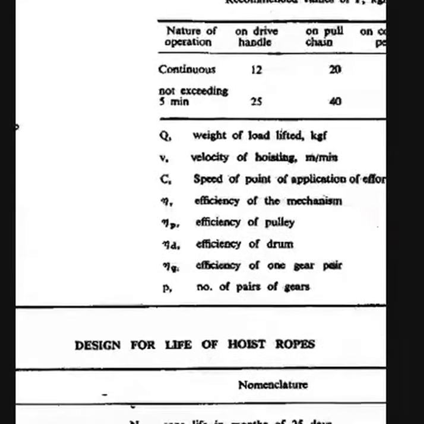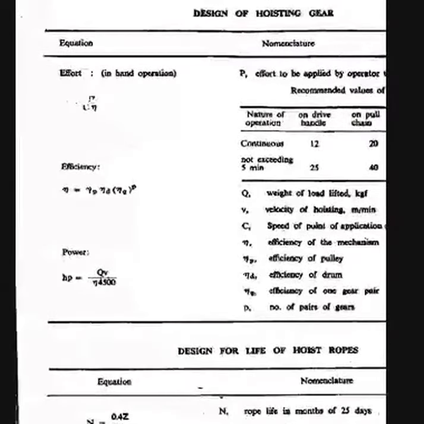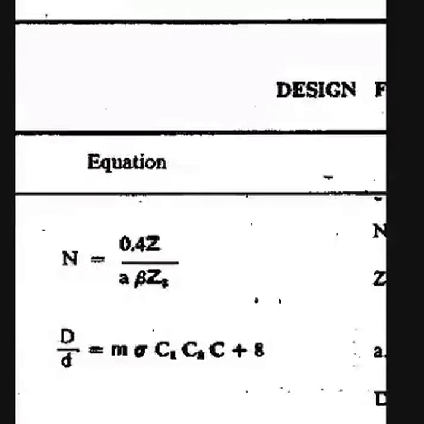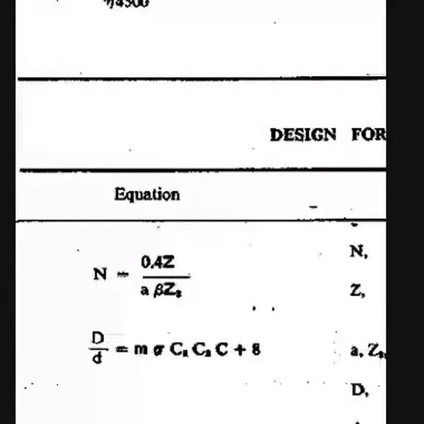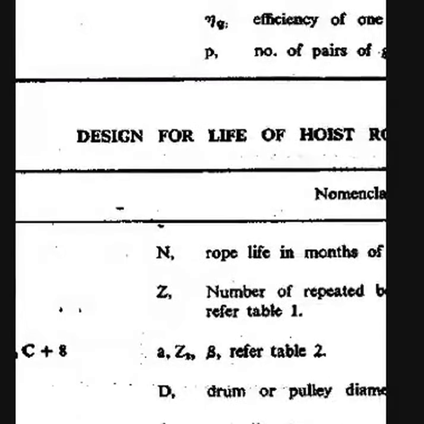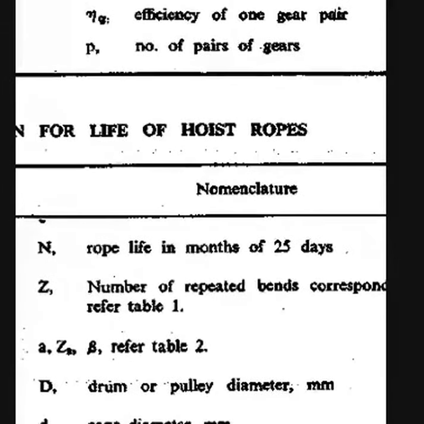Design of life of rope: N is equal to 0.4 Z upon A alpha beta Z2. He has mentioned alpha A, so we can also change it to A. And N is rope life in months of 25 days. N is life of rope.